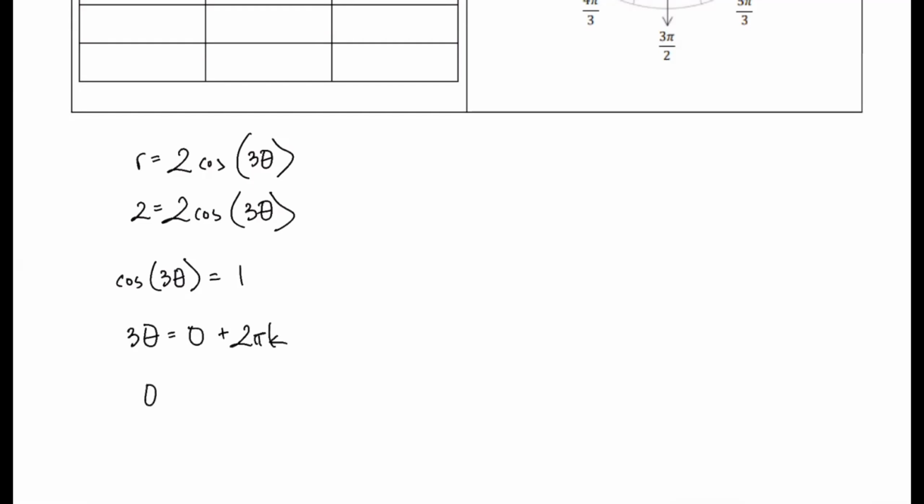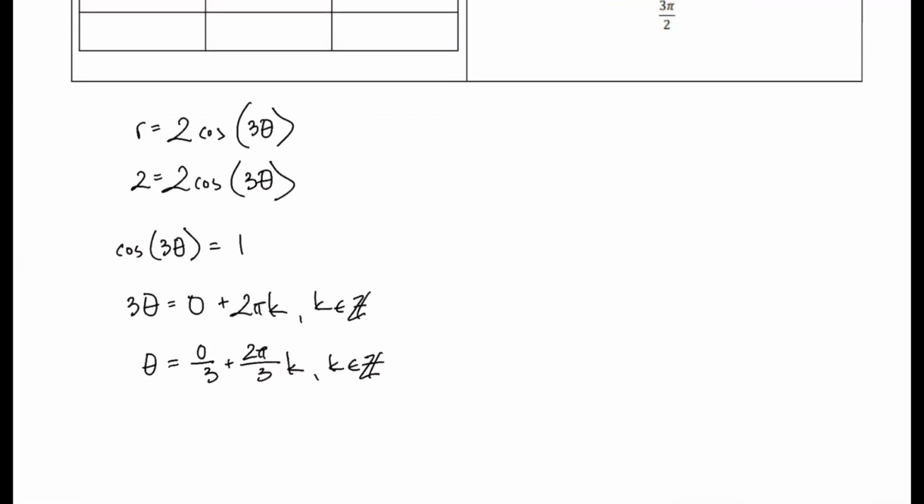And now I'm going to divide by 3. And so if I were to list out all the ones that fit one time around the unit circle, I would get 0, 2 pi over 3, 4 pi over 3.